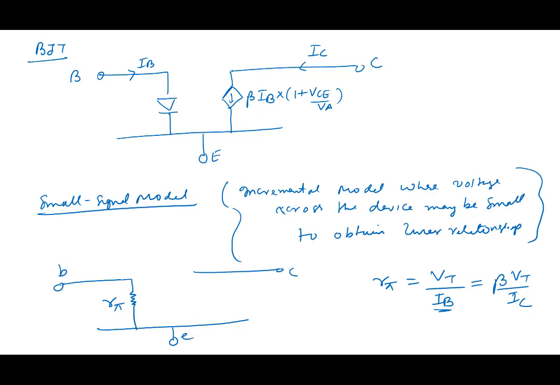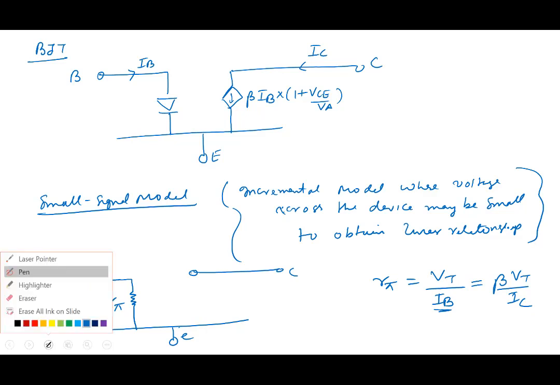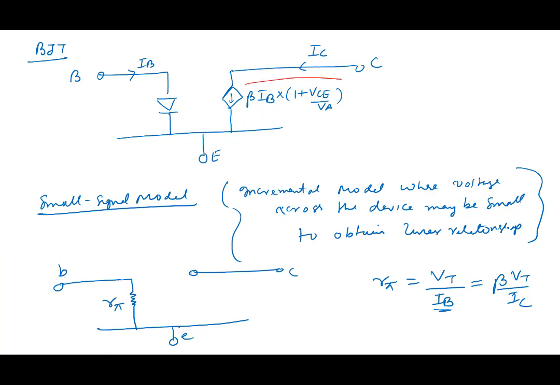The issue now is, what do I put between here and here? Okay, so let's examine this in more detail. Let's examine this factor here, which is beta IB into 1 plus VCE by VA.